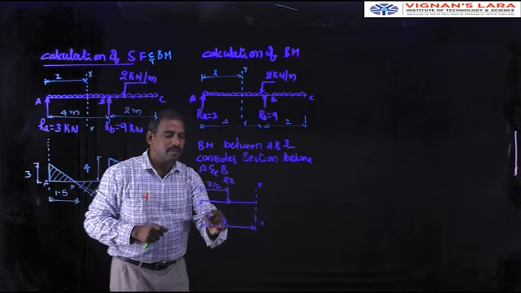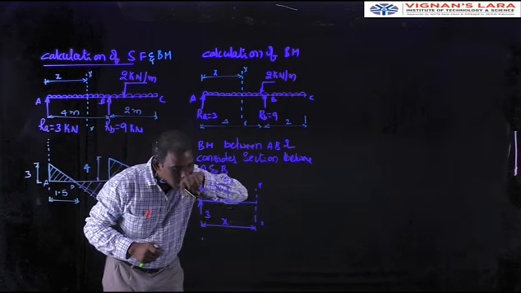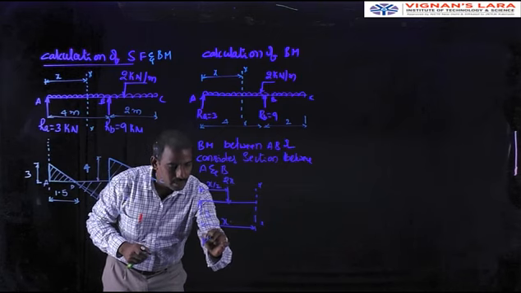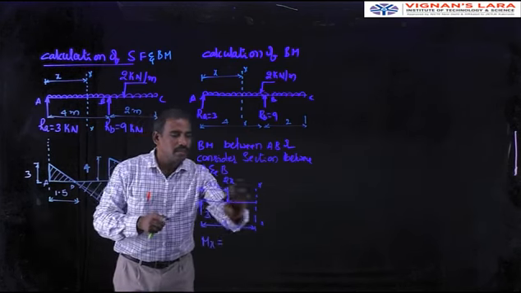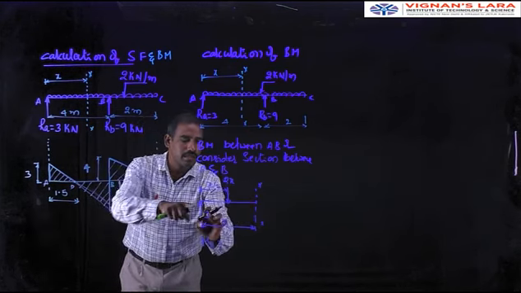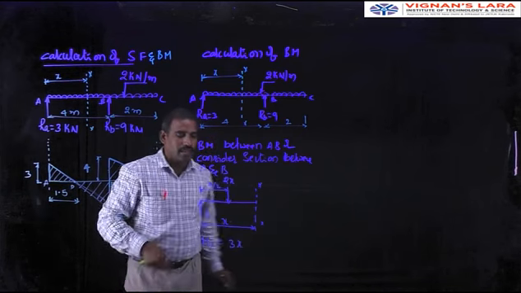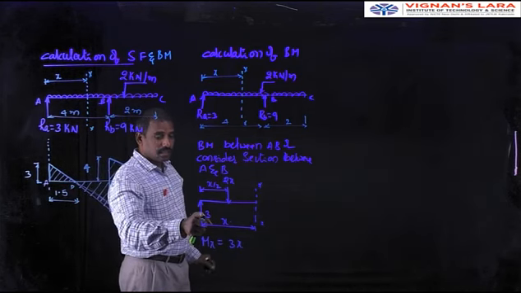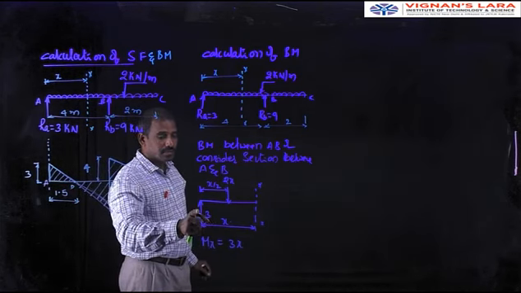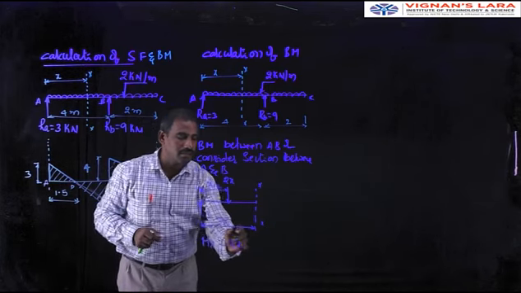Therefore, the bending moment, represented as Mx. What about the moment produced by the 3 kilonewtons about x? 3 into perpendicular distance x, that is equal to 3x. Again, what about the sign convention? I think 3 kilonewtons produces the sagging moment, so that's why I have taken positive.